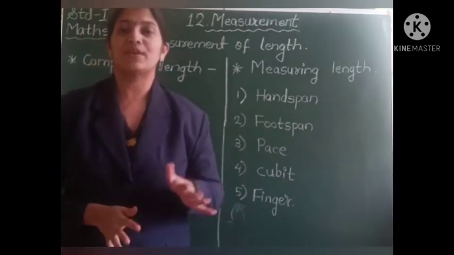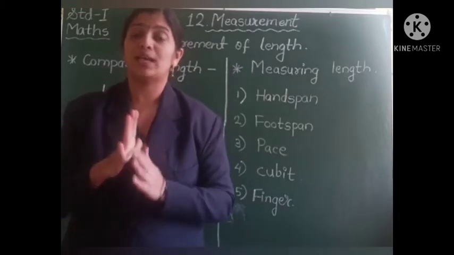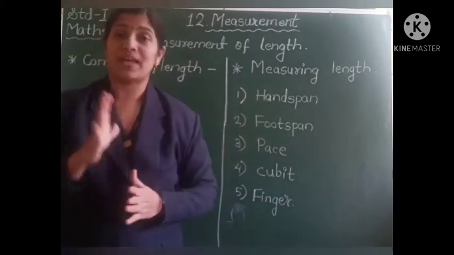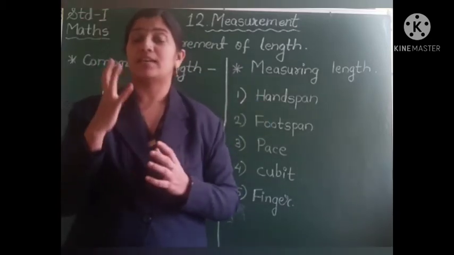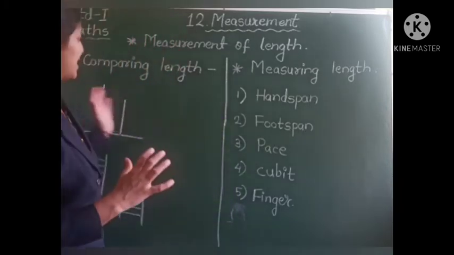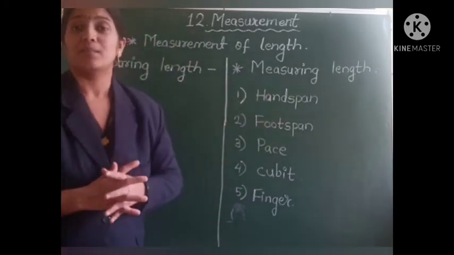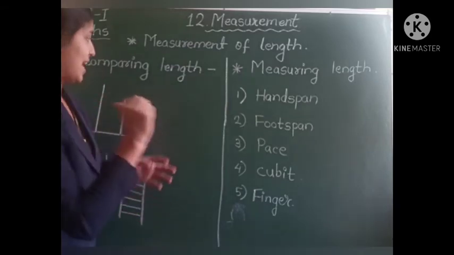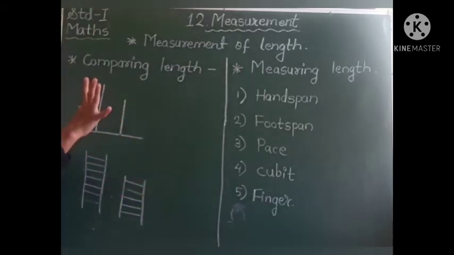Students, now I am going to show you how the measurement of some object was done with the help of a hand span. You can see here, let us measure this board with the help of the hand span. The hand span will be kept right at the end and I will start here.